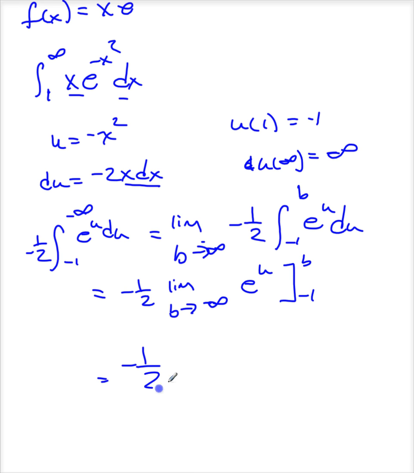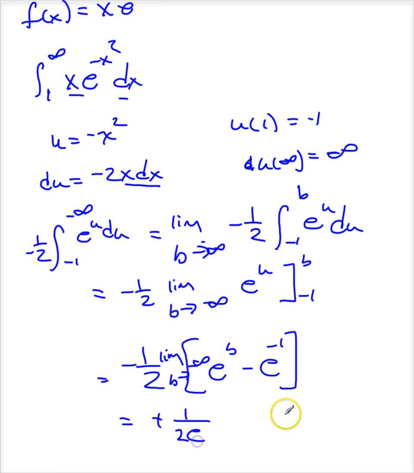So this is minus 1/2 times e^b minus e^(-1). I forgot my limit, didn't I? b goes to minus infinity. Now this term, of course, goes to 0. So this is plus 1 over 2e.